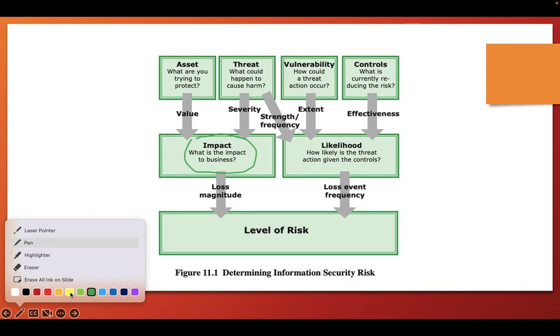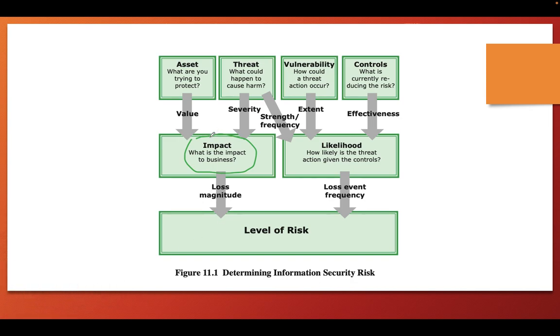Let's choose another color here, because here is green. We take yellow. I think yellow will be more conspicuous. Okay, so the impact: since you have an asset and there's a threat, both of them create an opportunity for impact analysis, impact assessment, in order to determine the loss magnitude.